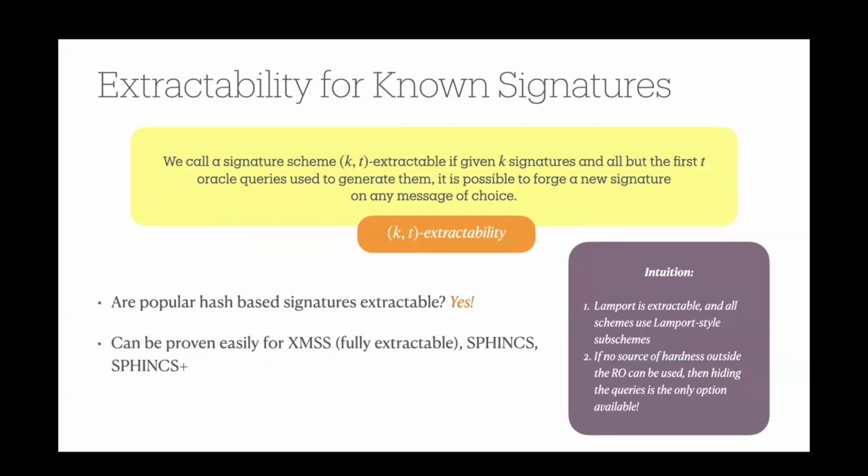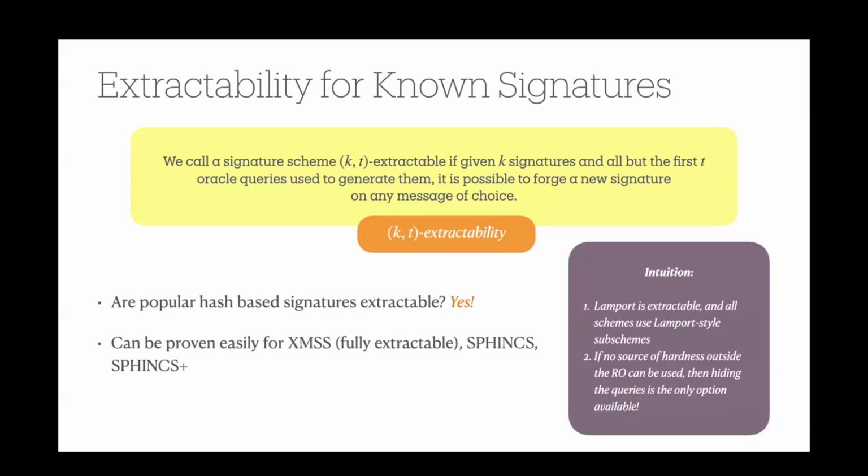This definition, of course, is only useful if it applies to signature schemes that are actually in the real world. So this is in fact true. For XMSS, SPHINCS and SPHINCS+, this is all true. And the intuition really is that basically any natural hash-based signature scheme that you can come up with, in which the security reduces only to the hash function, uses some kind of Lamport as its base unit.